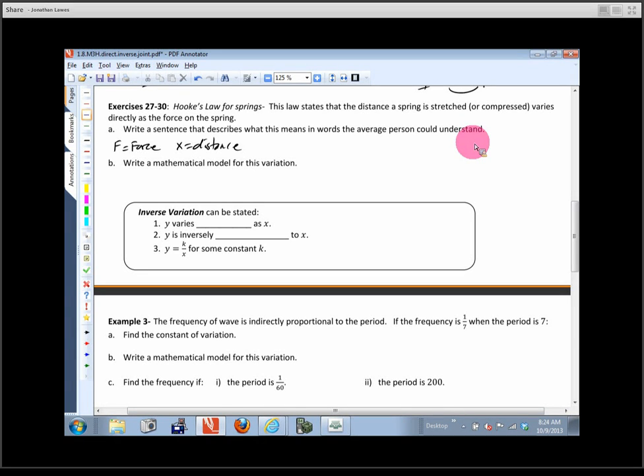If you were to describe what Hooke's law means, how it works, to a regular person who maybe didn't have a huge science background, how would you explain to them what this direct variation means?